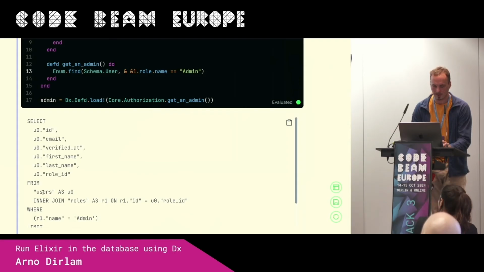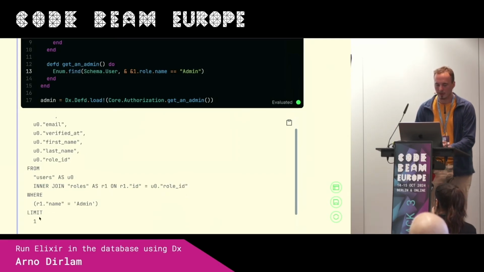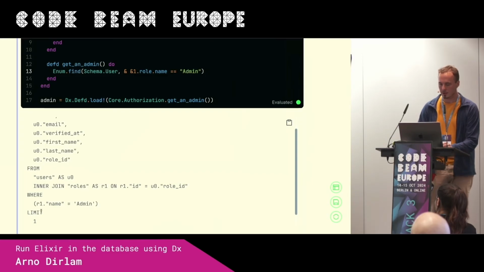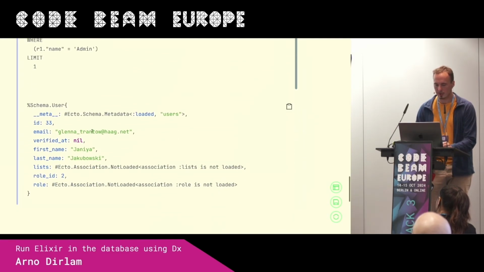From user, inner join roles, that's the association you've defined in your Ecto schema, where the role's name is admin, and because we have an enum.find, it only limits it to 1. It only gets the first one. And here we get a user returned.